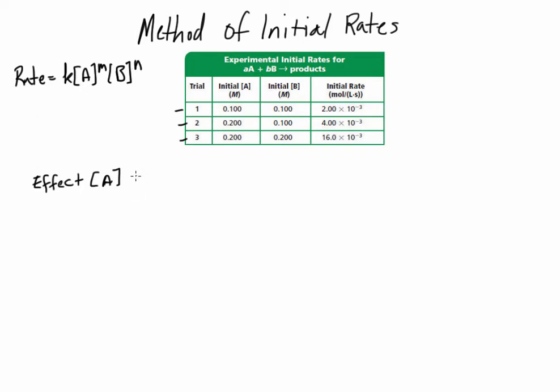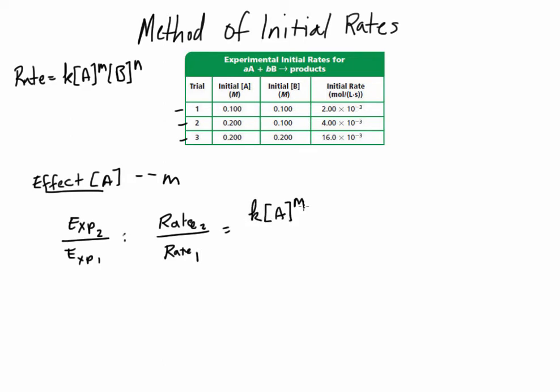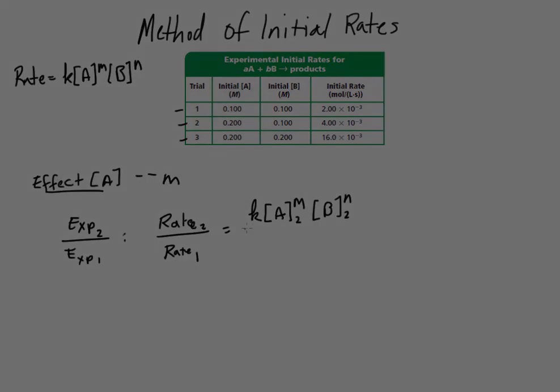So what I'm going to solve for here essentially is m, the effect of A. I'm going to take experiment 2 and compare it to experiment 1: the rate of experiment 2 over the rate of experiment 1 equals k [A]2 to the m, [B]2 to the n over k [A]1 to the m, [B]1 to the n.